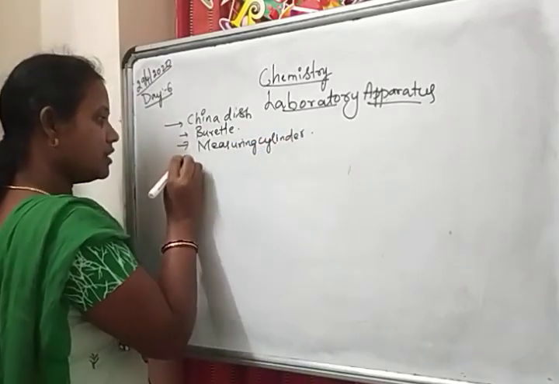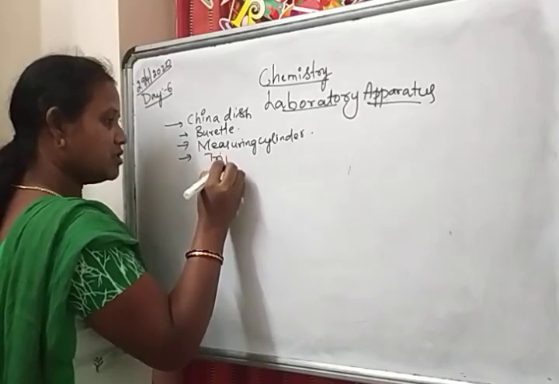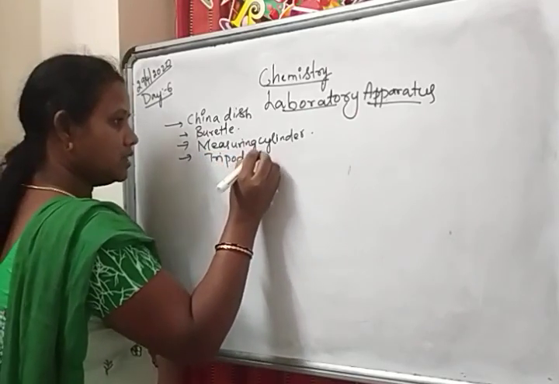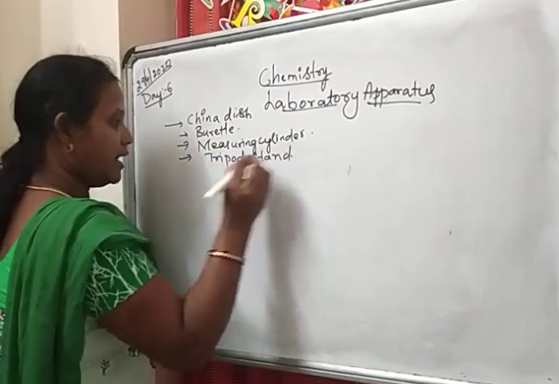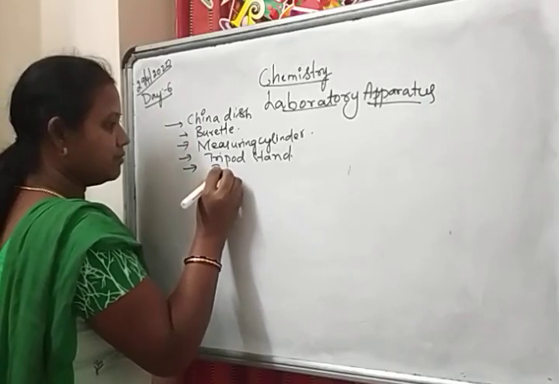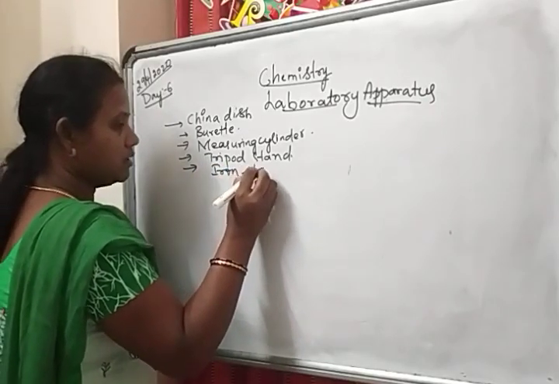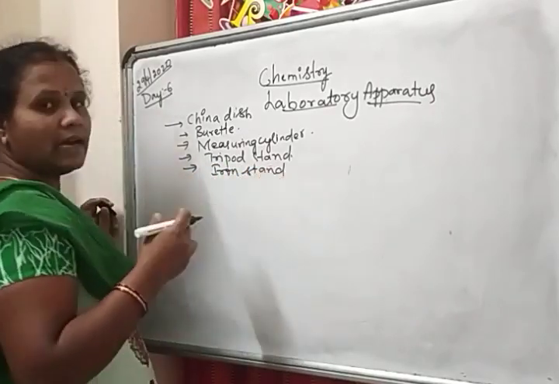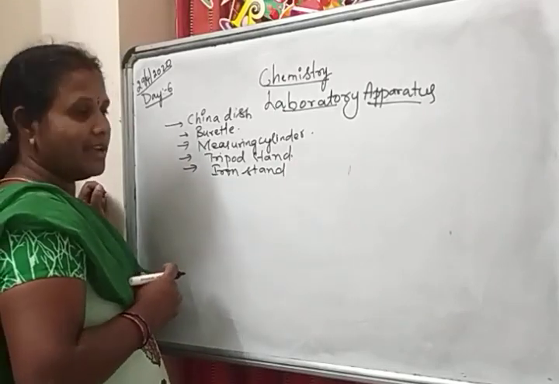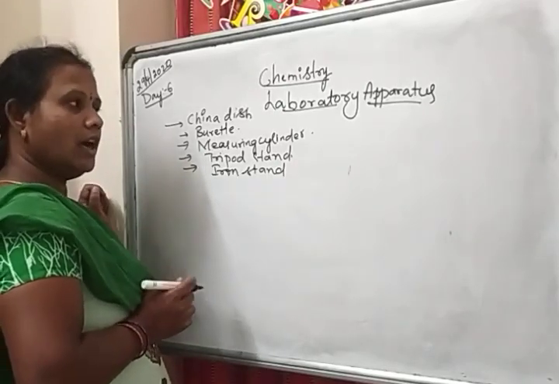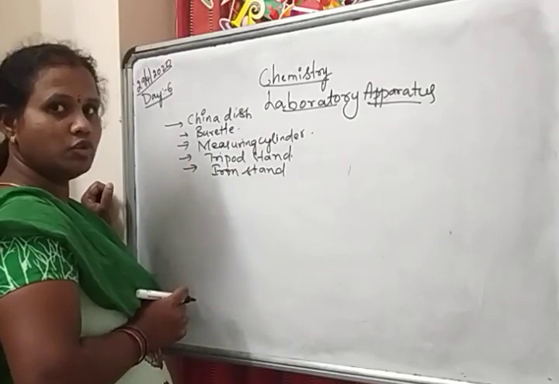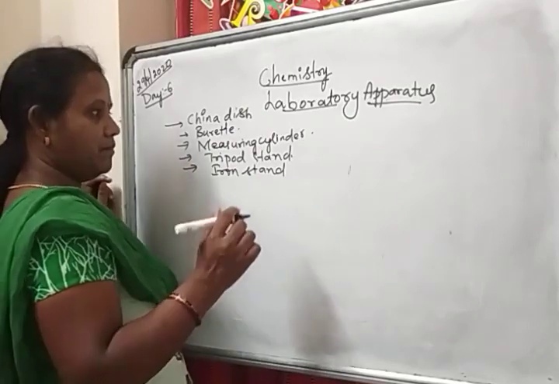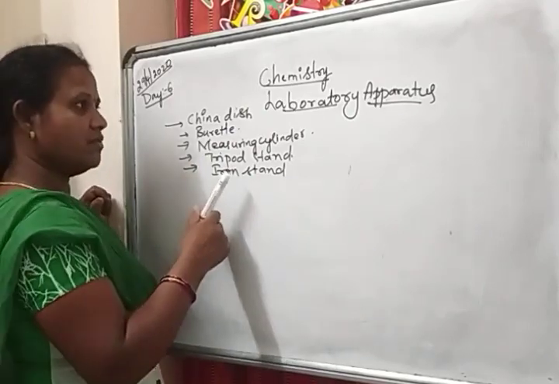We have learned about tripod stand and iron stand. Okay, so these are the laboratory apparatus. We have learned their design and also their uses in the chemistry lab.